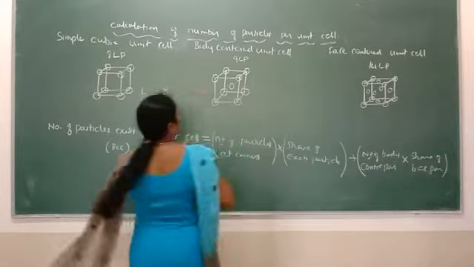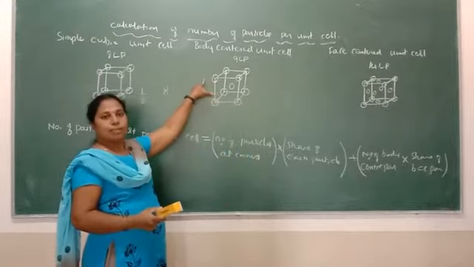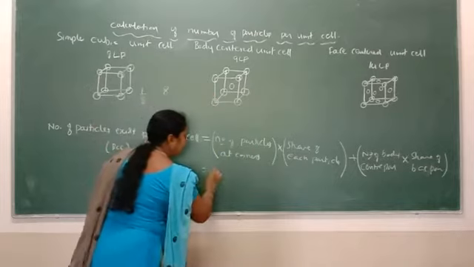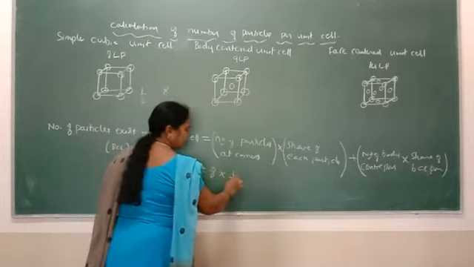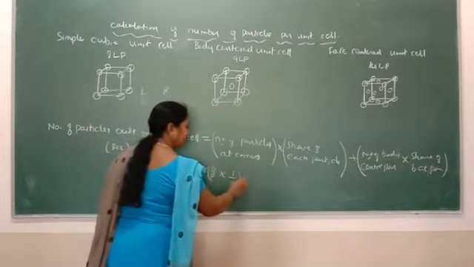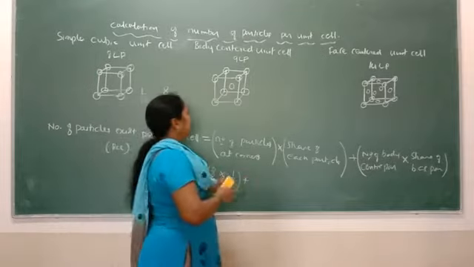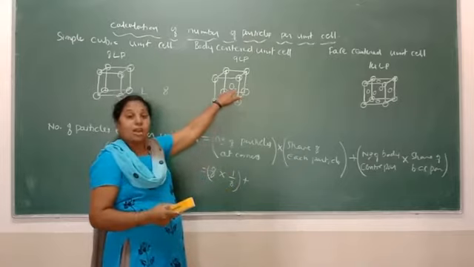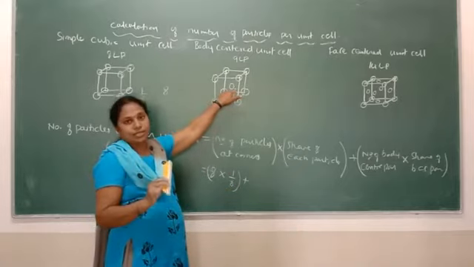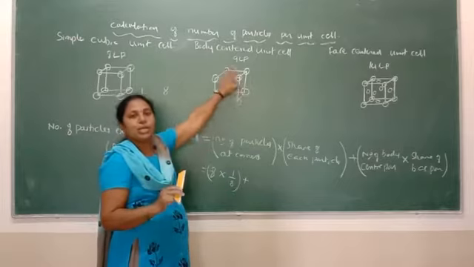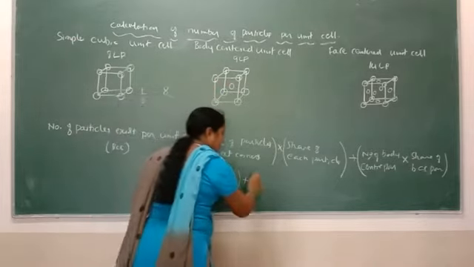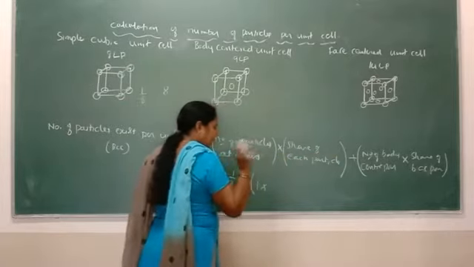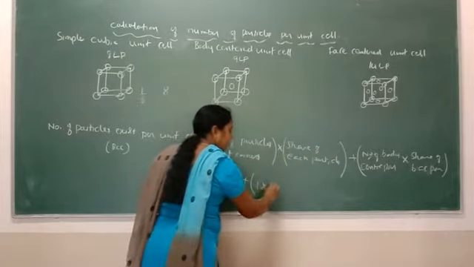In this case we know that the corner particle has a share of 1 by 8. So 8 particles with a share of 1 by 8, which is common in BCC also. The body-centered particle is not linked with other unit cells, so this particle belongs to only one unit cell. So the number of body-centered particles is 1 and its share is 1.